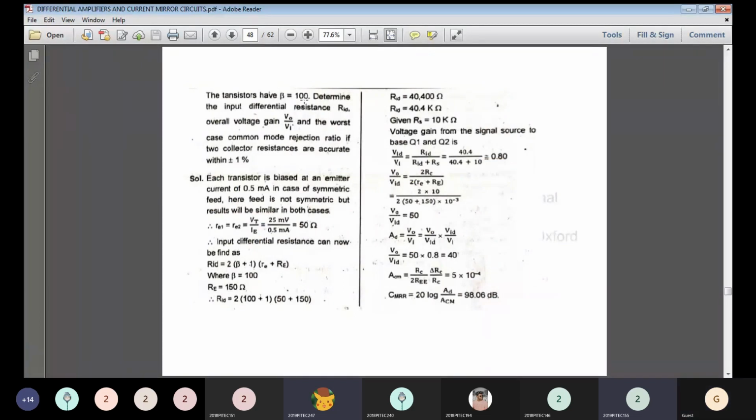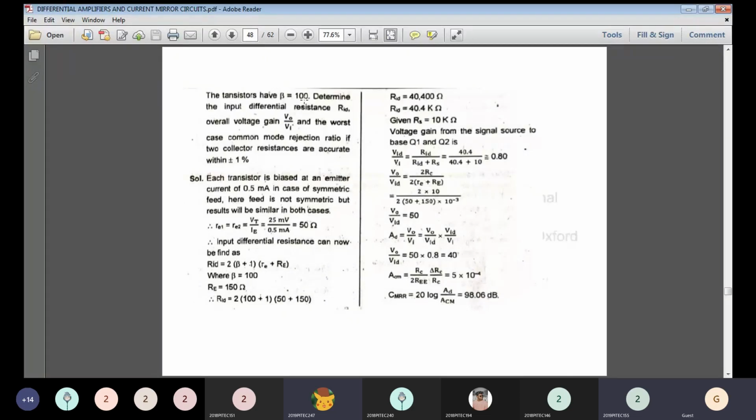So the question asked is, determine the input differential resistance RID, and then the overall voltage gain. Voltage gain means output divided by input, so overall V0 divided by Vi is asked. And the worst case common mode rejection ratio, where the CMRR is calculated with a specific condition.